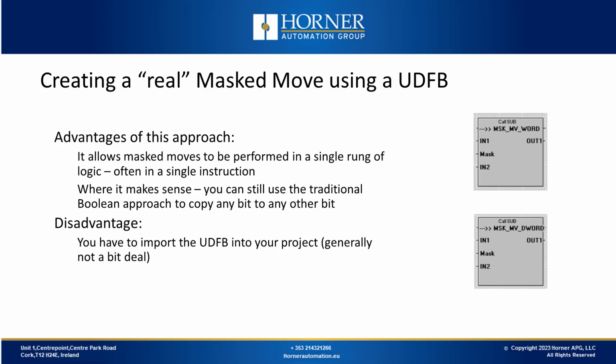The advantages of using UDFBs include the ability to perform the operation in a single rung and the flexibility to use Boolean logic for moving a few bits if needed. Importing the UDFBs may take a few minutes, but it can be done without any significant disadvantages.